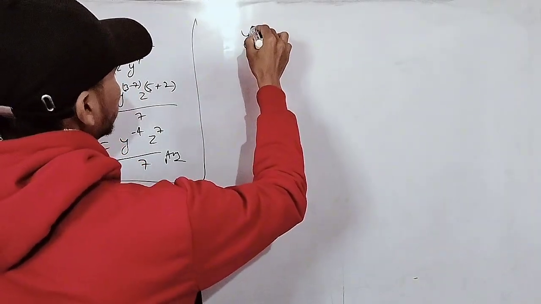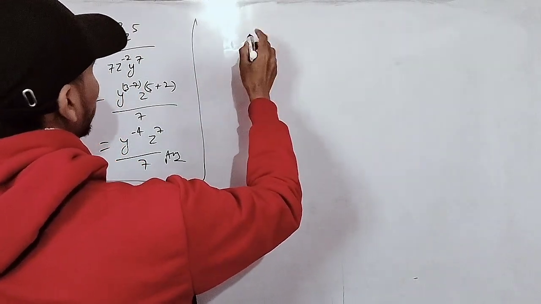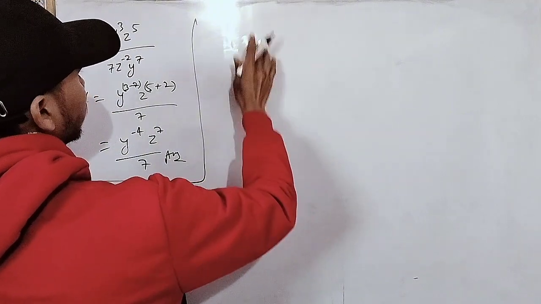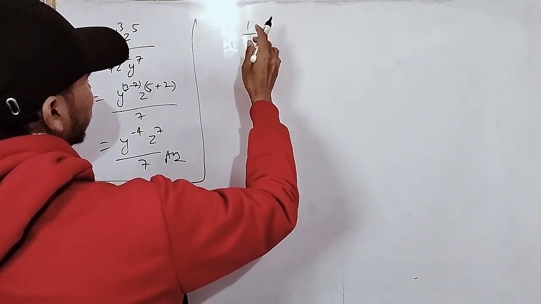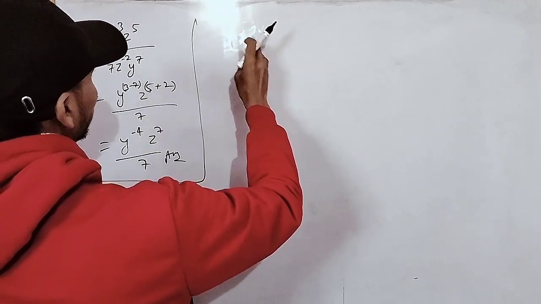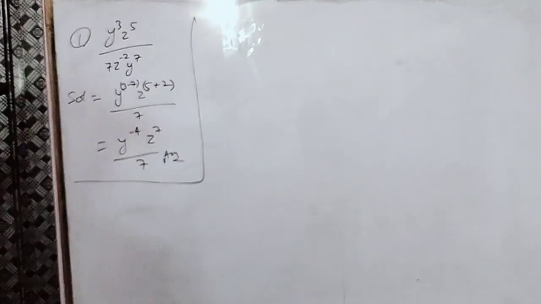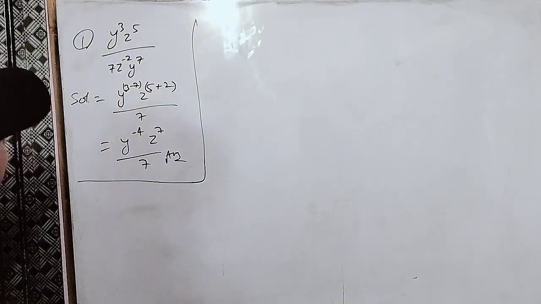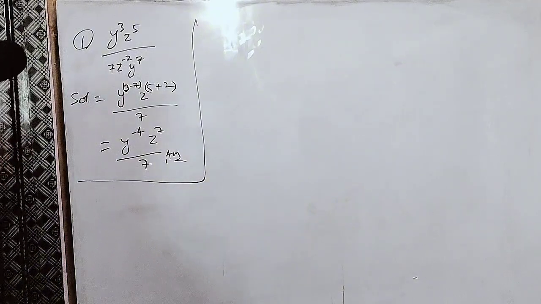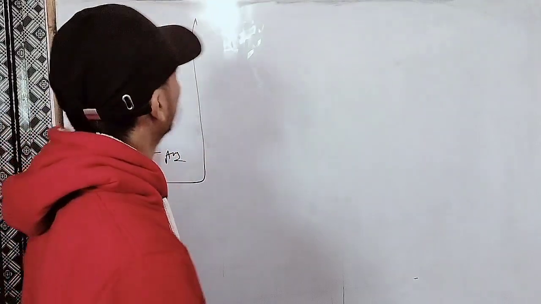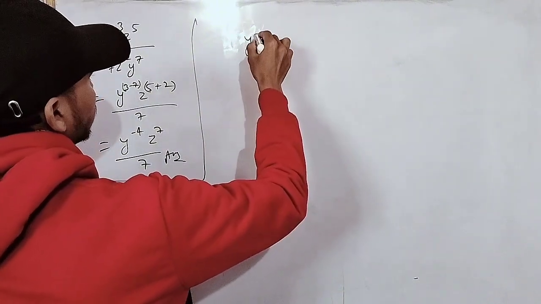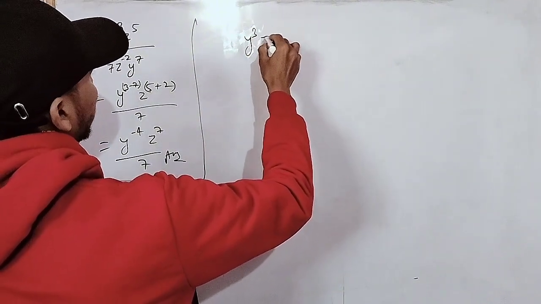So here y. So can we write y3? No. 1 by, we are going to apply product rule. This was quotient product. So y3 and z5.